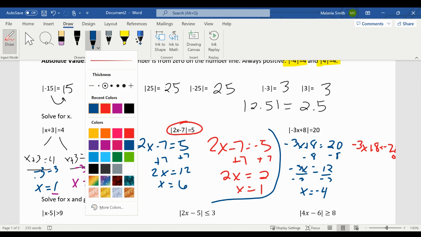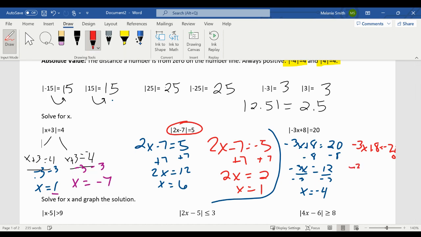Okay, now let's see if I can get this other one. Okay, so I'm going to add 8 to both sides. So this time it's going to be negative 3x equals negative 28, because I'm going to subtract 8 from both sides, but because that's negative, I get negative 3x equals negative 28.